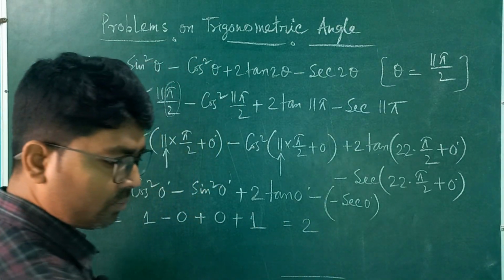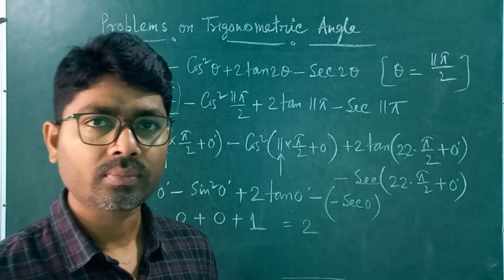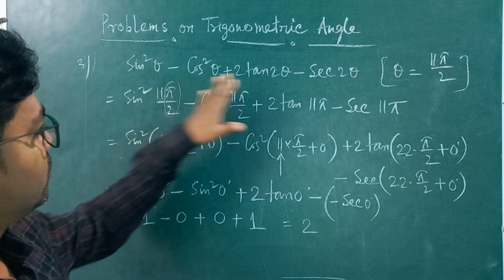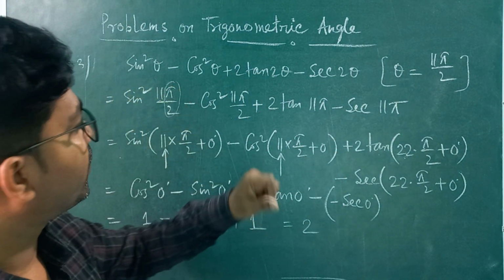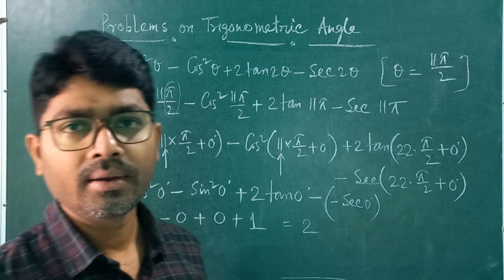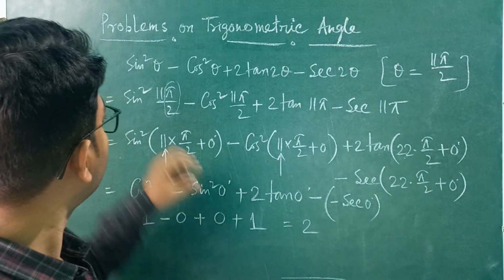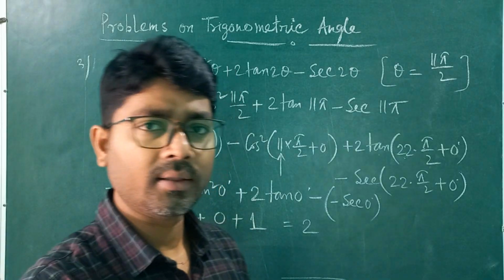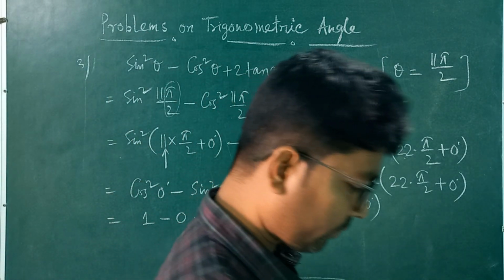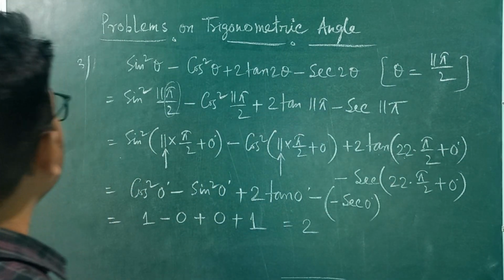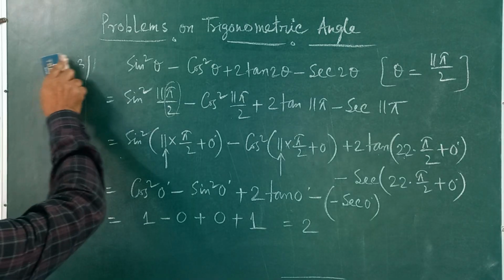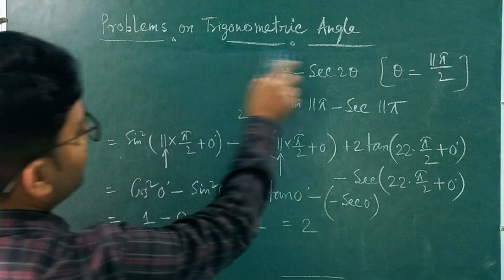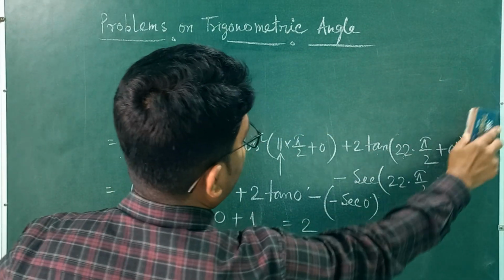Result is 2. So clear to everyone how we break the angles in radian? Just think of pi by 2 as 90 degree, and then proceed as usual. Now the fourth problem. The fourth and the fifth problems are very much important.